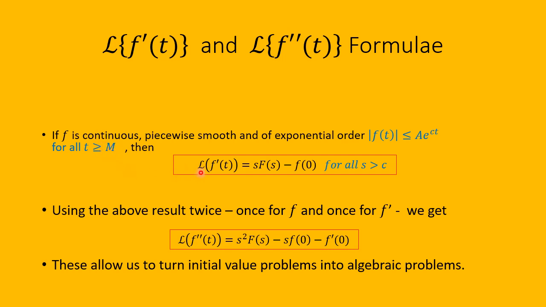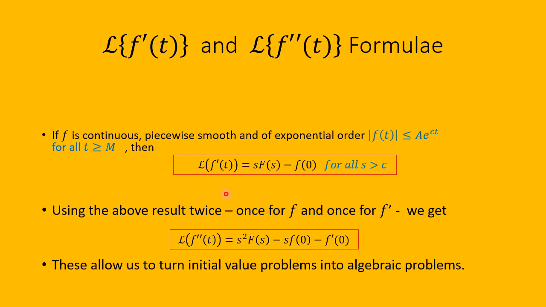Then the Laplace transform of f prime of t turns out to be the following: s times capital F of s minus little f of 0, and this holds for all s greater than c, the c that was up here. Now, capital F of s right here is the Laplace transform of little f of t. So this tells us that the Laplace transform of f prime of t can be written in terms of the Laplace transform of f of t.